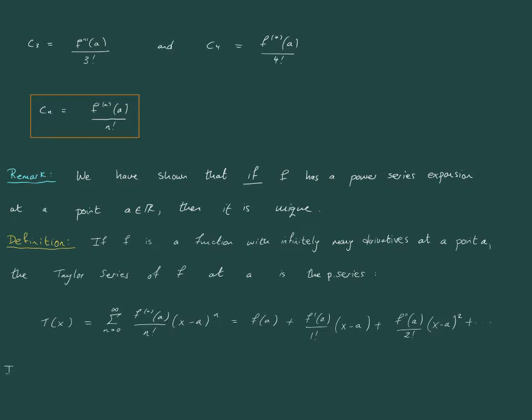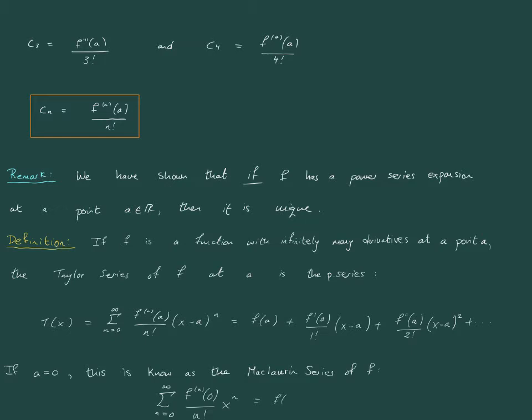Okay? So if a is equal to 0, this series is known as the Maclaurin series. So Maclaurin series is just a special case of Taylor series. So the Maclaurin series of f, which is sum n equals 0 to infinity, f differentiated n times evaluated at 0 instead of a, over n factorial, and then just x to the n.